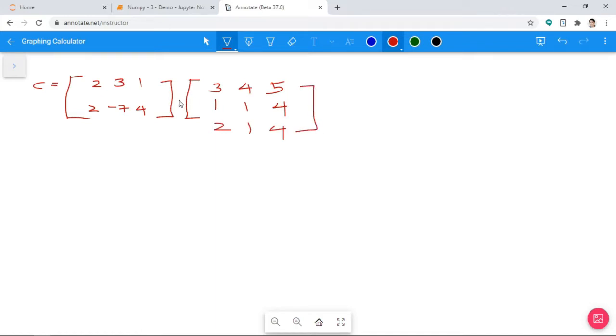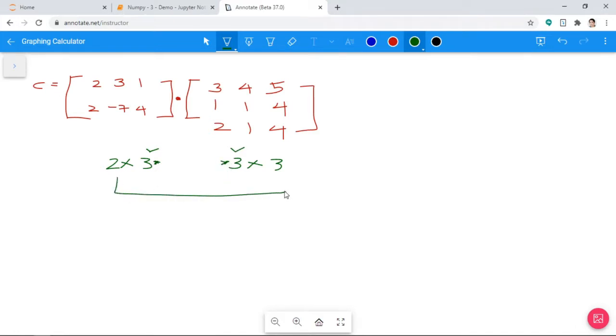So what will be the product here? Again, you test if this one can be multiplied. This is a 2 by 3, 2 rows and 3 columns. This is 3 columns and 3 rows. Can we multiply this one? Yes, the inner dimensions are the same, so we can multiply this one.